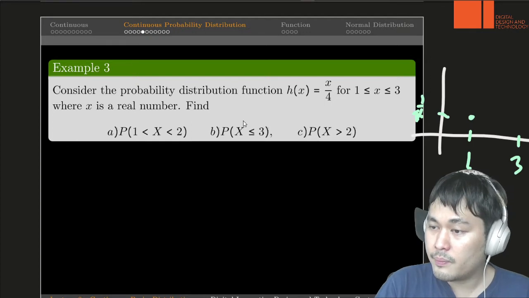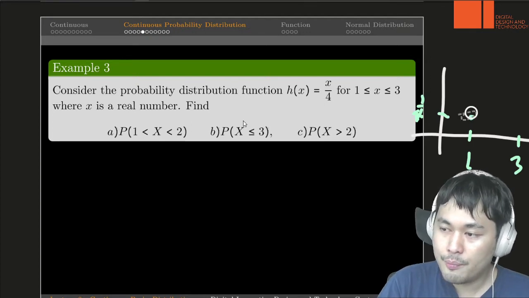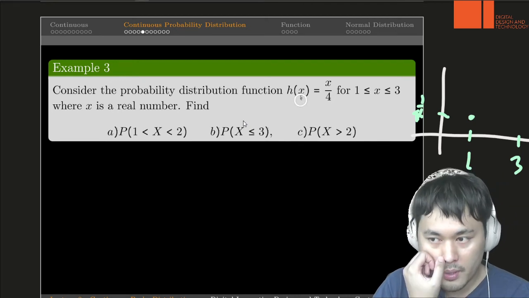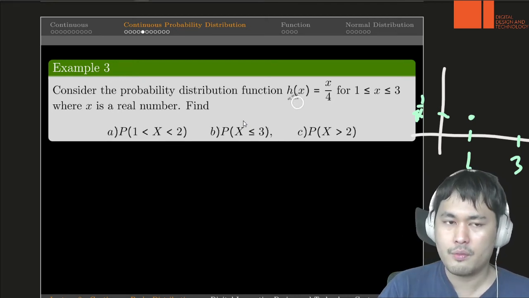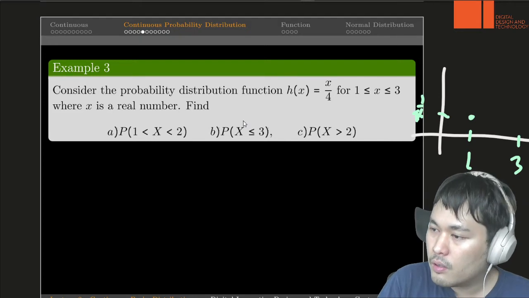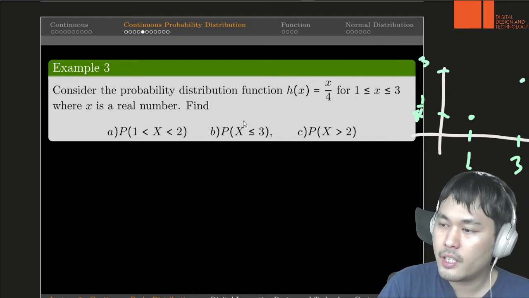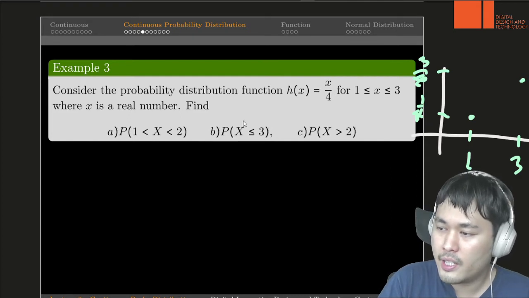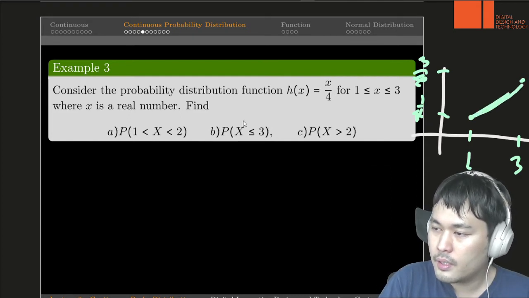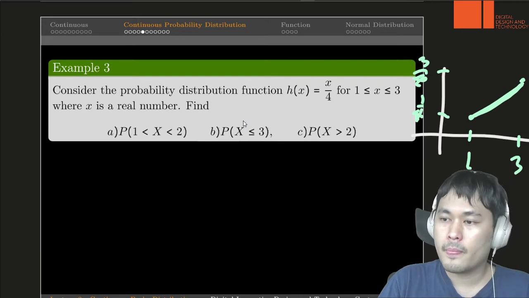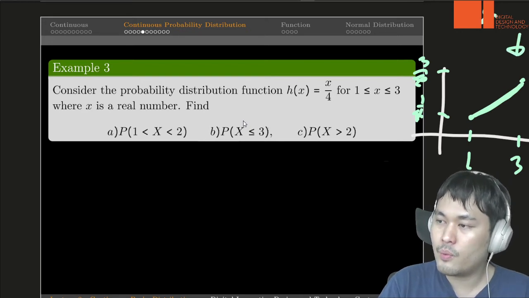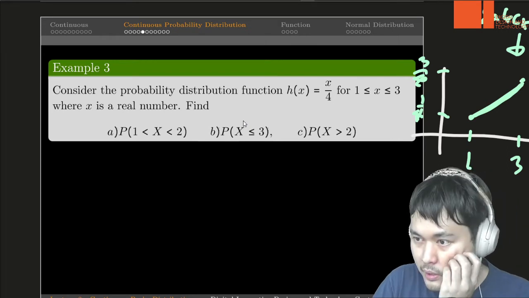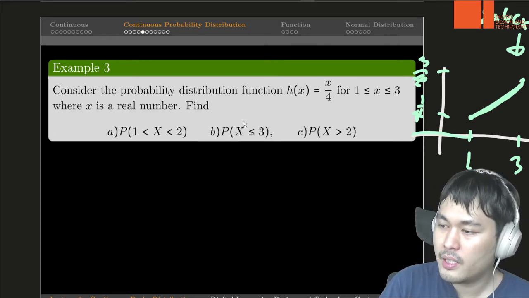We know the left point is 1/4, and the right point, when we let x be 3, h of 3 is 3/4. So the right endpoint is 3/4 there. That means when we plot the graph, we get a linear line there. So now this is y equals h of x, the graph of the probability distribution function.